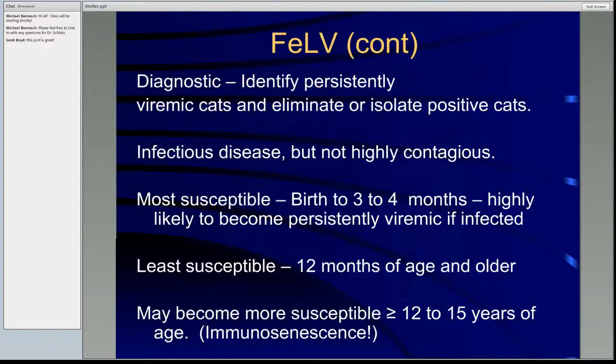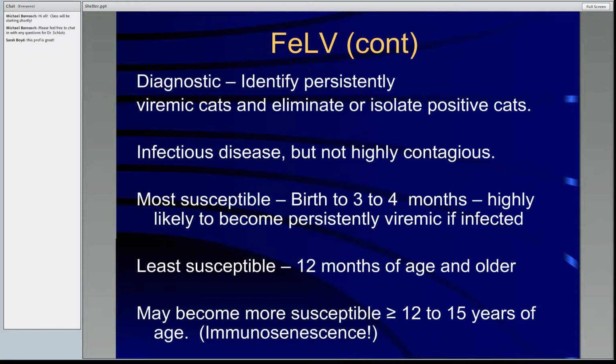FeLV, very quickly: most shelters are testing for both FeLV and FIV. That's a combo test. Most often the test used is the one available from IDEXX. What it actually detects is the antigen to feline leukemia virus, and it tests for antibody to feline immunodeficiency virus.